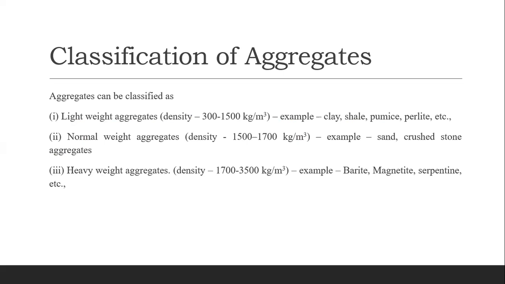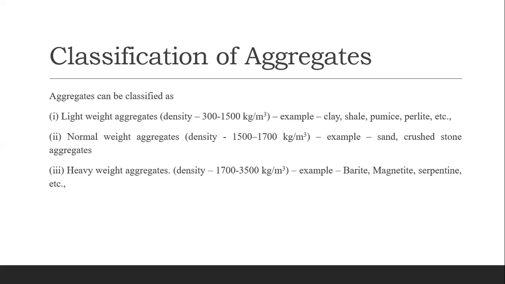And the last one is heavyweight aggregates, which have densities greater than 1700, up to 3500 kg per cubic meter. The examples are barite, magnetite, serpentine. These types of materials are used for the construction of heavyweight concrete. This concrete has been used for nuclear storages, nuclear wastes, nuclear weapons, and in nuclear power plants, atomic power plants.